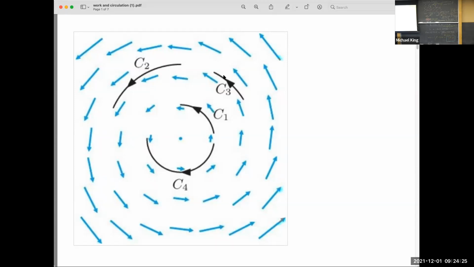Somebody want to guess? If you think about following the field versus going against the field. Following should be positive, and going against should be negative, right? Because you just think about these dot products. If they're in the same direction, the cosine is like 0. But if they're in opposite directions, the cosine is -1. So they're going against each other.